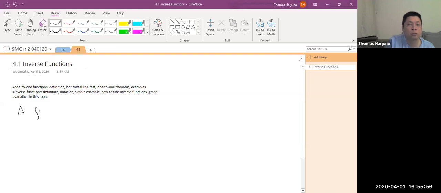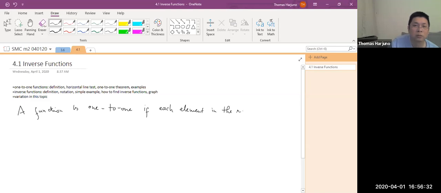Okay, now what is a one-to-one function? A function is one-to-one if each element in the range corresponds to exactly one element in the domain.